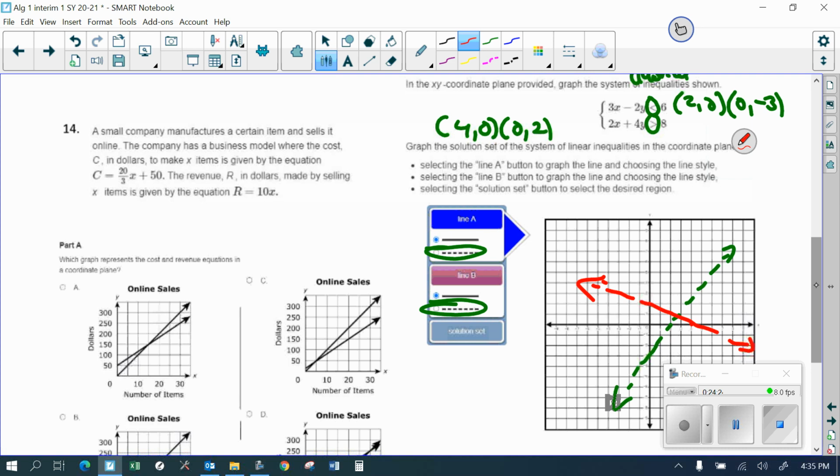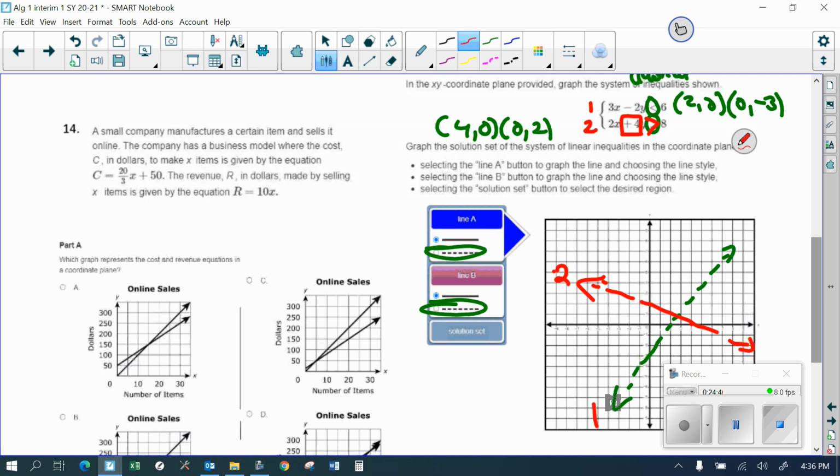Now the question is, which way do I shade? When I'm looking at standard form, I look at the y coefficient. If the y coefficient is positive, as it is here, I keep that same sign, greater than. So this is line 2, line 1.